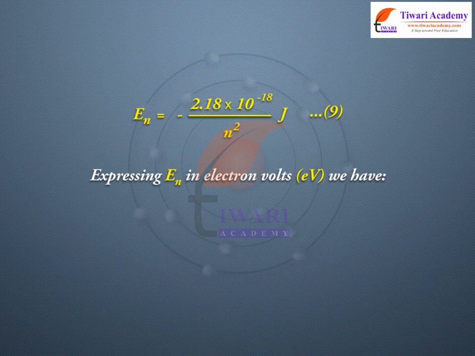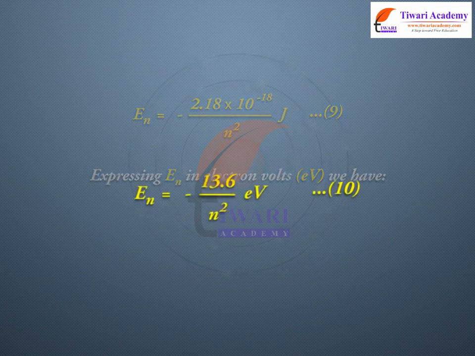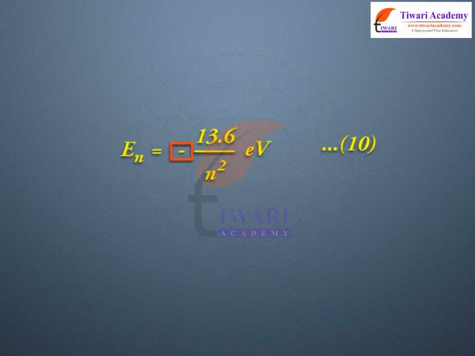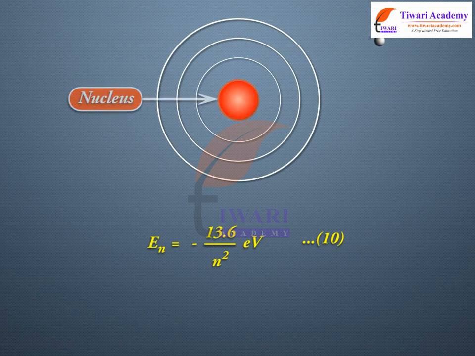Expressing En in electron volts, eV, we have En is equal to minus 13.6 upon n square eV. Equation 10. The negative sign of the total energy of an electron indicates that energy will be required to remove the electron from the hydrogen atom to a distance infinitely far away from its nucleus.